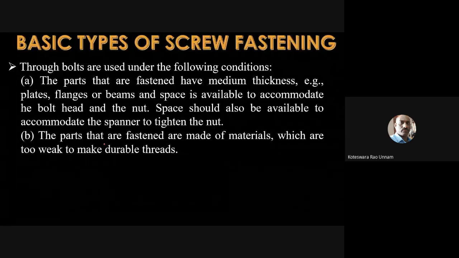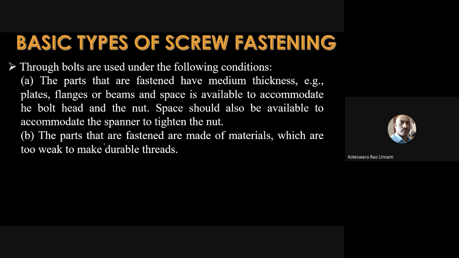But the material of the connecting part is such that it is not possible to make threads in it because of its weakness. In such a situation there is no other go. You cannot use the tap bolt or the stud. Then the only available option is the through bolt.